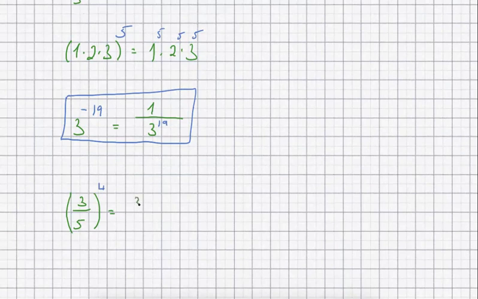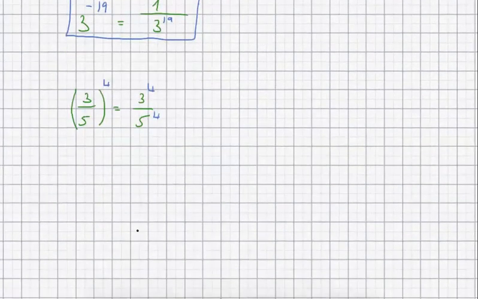It's actually 3 to the power of 4 divided by 5 to the power of 4. Each one gets the power. Cool. Okay? And yes, I think it's okay. All right.